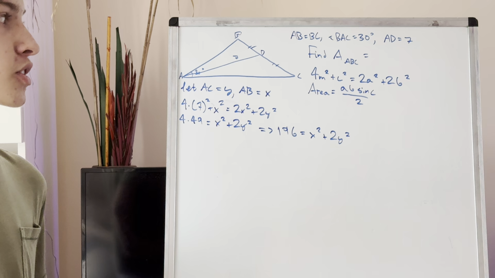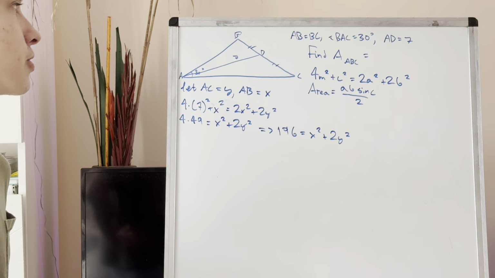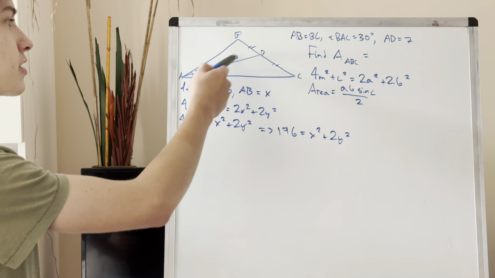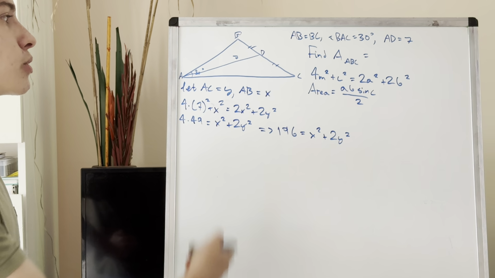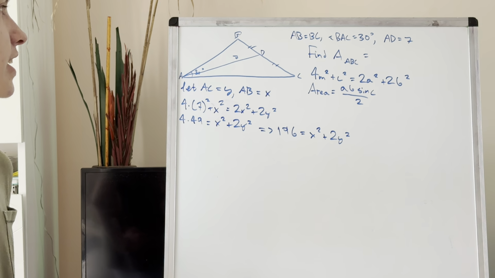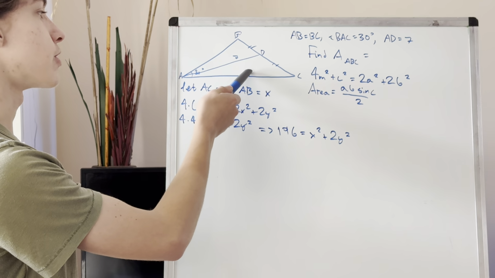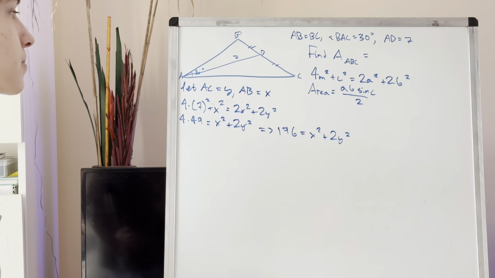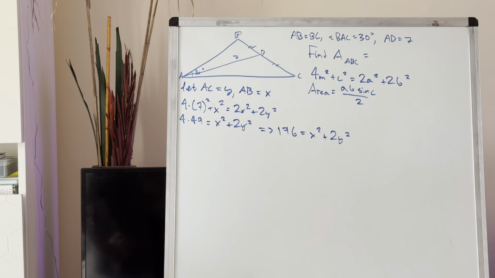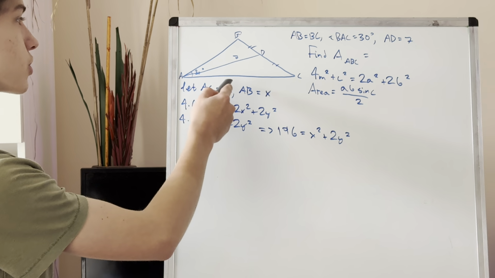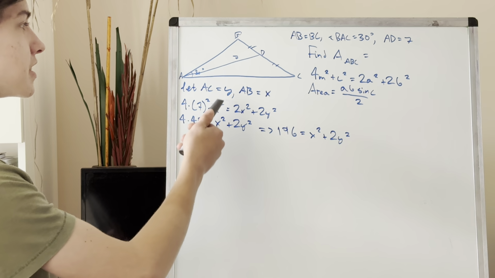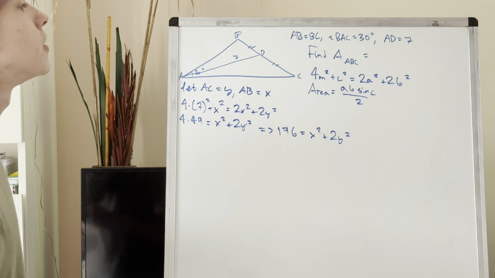So we would have to remember one last thing about medians. We know that a median splits the area of a triangle into two triangles of equal area. That means the area of triangle ABD is equal to half the area of triangle ABC, right? And this is very nice because we can use our sides of a triangle to relate the two triangle areas.